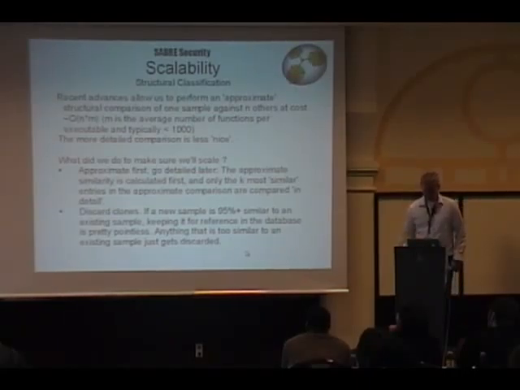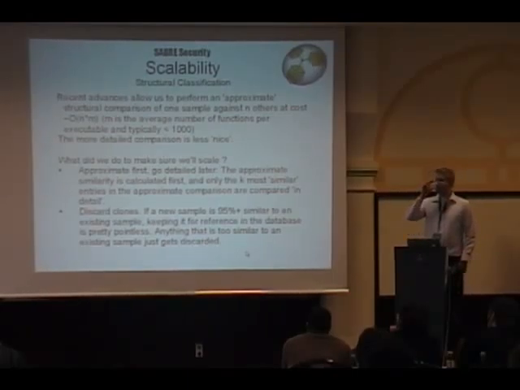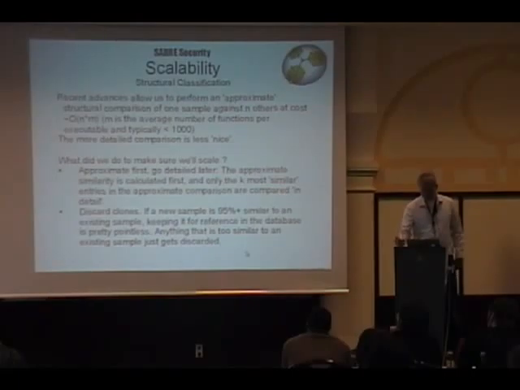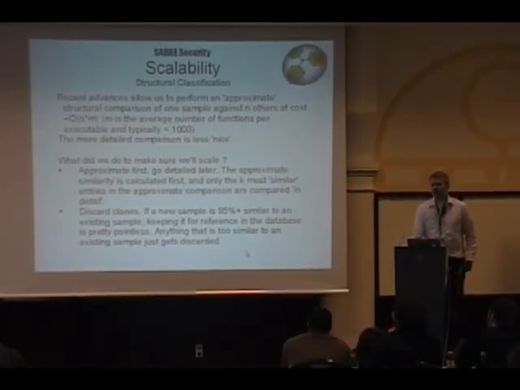Okay, so the other thing is scalability. We had to come up with a way of running our algorithm in essentially linear time, which we've managed to do, which is good. The algorithm in the end runs in about O(n) times m, where m is the average size of an executable in functions, which is usually less than 1,000.